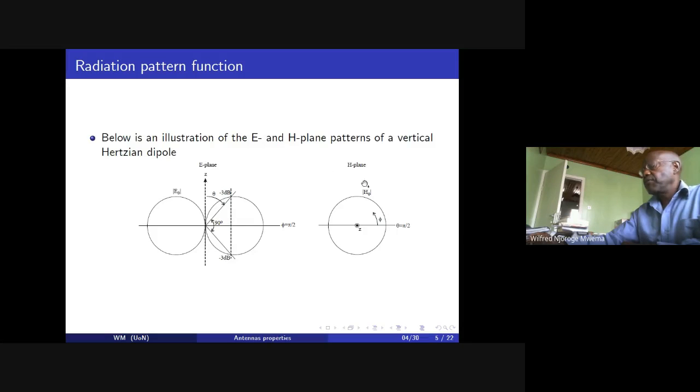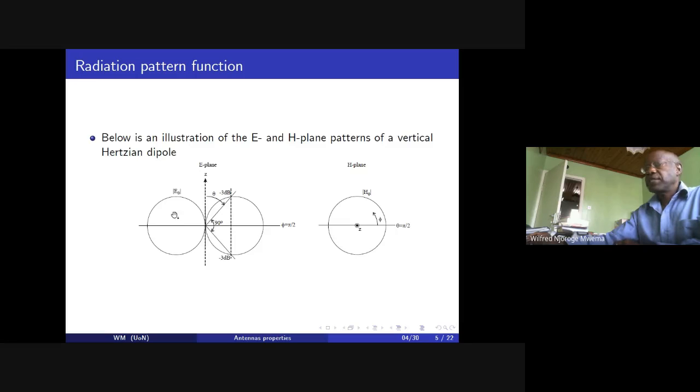And if we look at the dipole looking from positive infinity and looking down the dipole, we'll see the dipole is at the center, and the H pattern is actually a circle at the angle theta equal to pi by 2 or 90 degrees. So that's how the patterns will look.